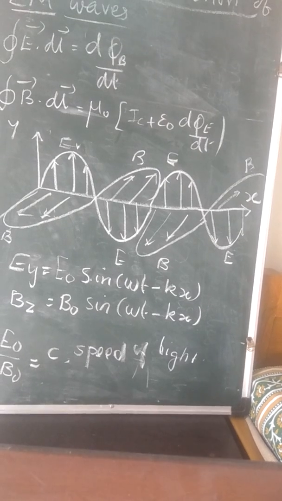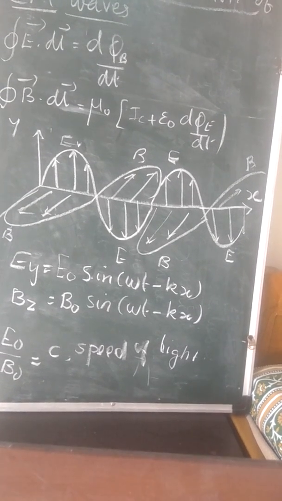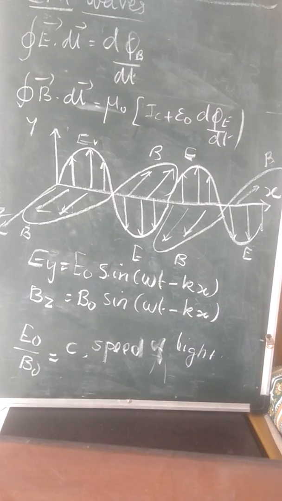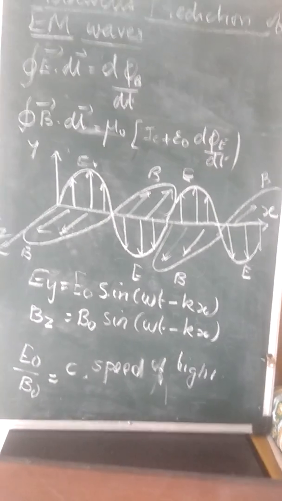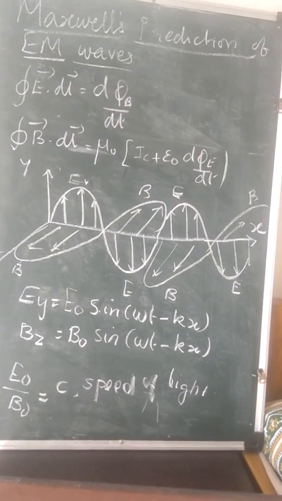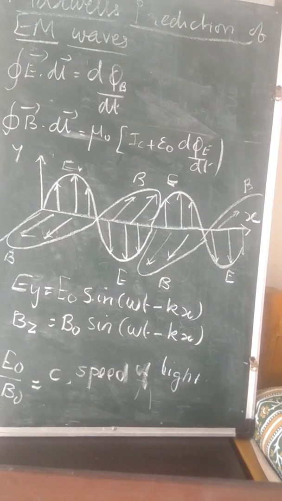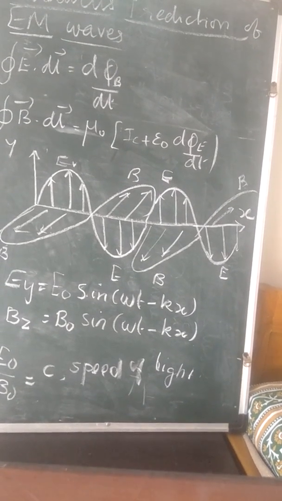Till 10th standard, we draw only a two-dimensional diagram, that is, only the electric field to represent the light wave. But actually it is a three-dimensional picture. The light wave is electromagnetic in nature. It has both electric and magnetic components.